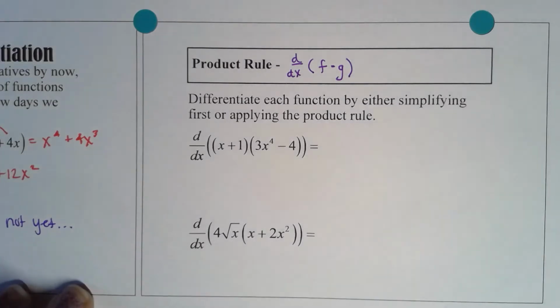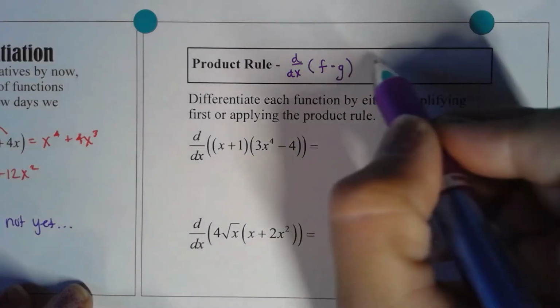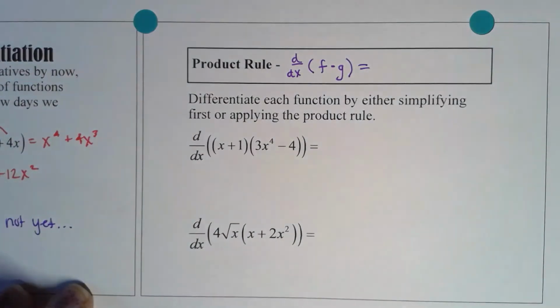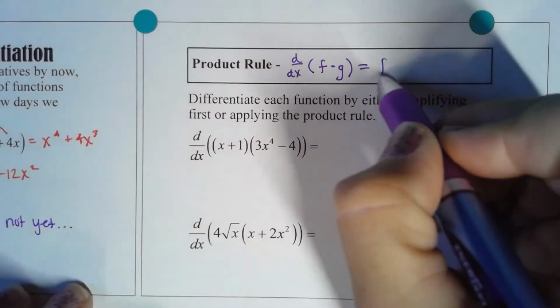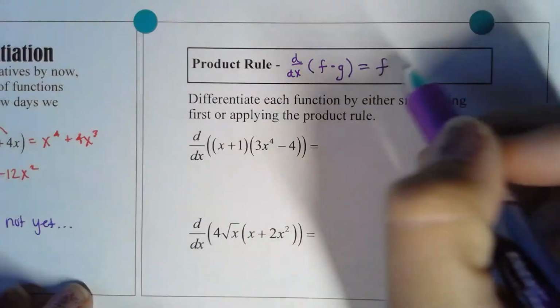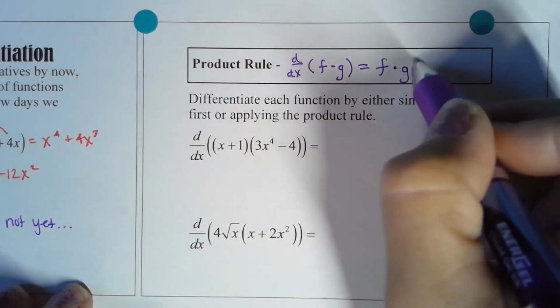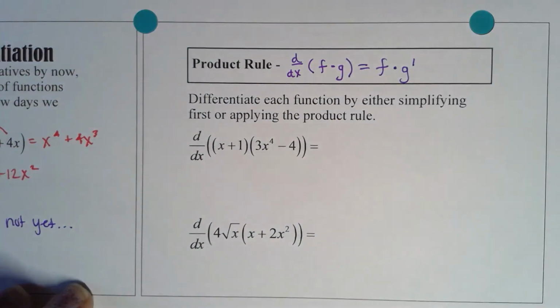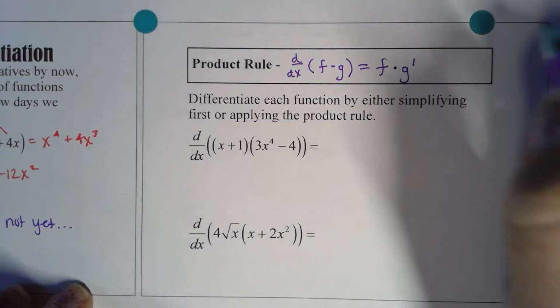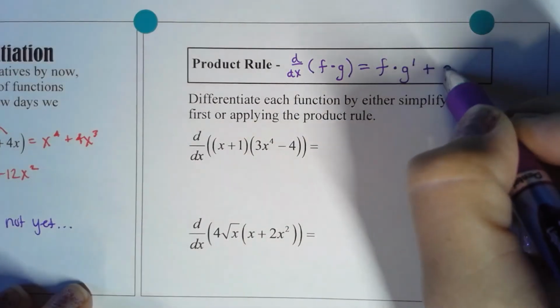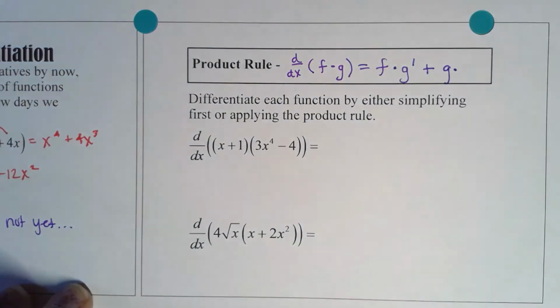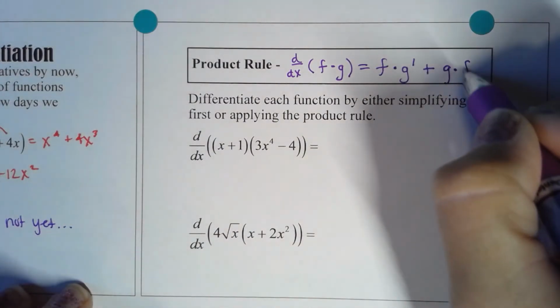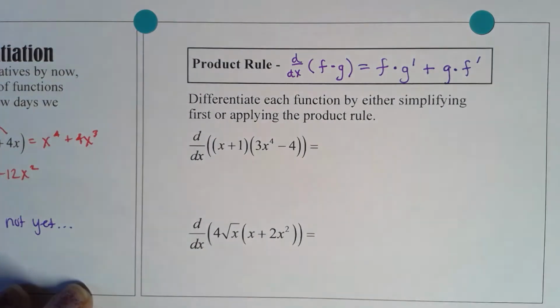So just in general, what is the derivative of f times g? It looks like this. We leave f alone, then we multiply by the derivative of g. So it's f times g prime plus g we leave alone, and then we multiply that by f prime, the derivative of the first factor.